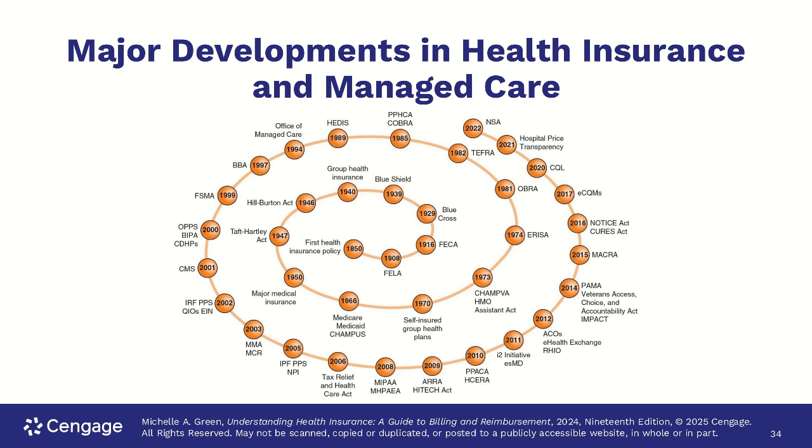But then if you look at every little orange circle, you will say, "Whoa, it's just back to back to back." There's something new, which is why people say that healthcare in the US is extremely complex.